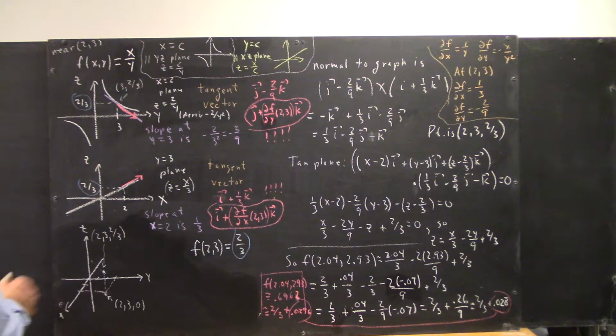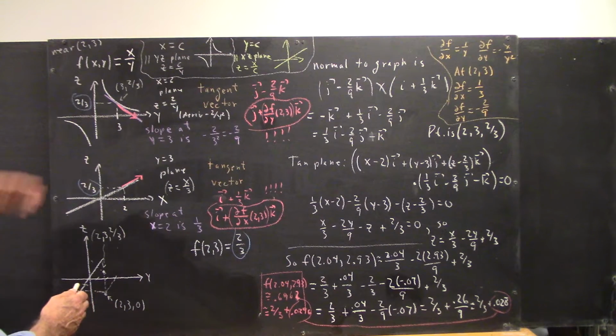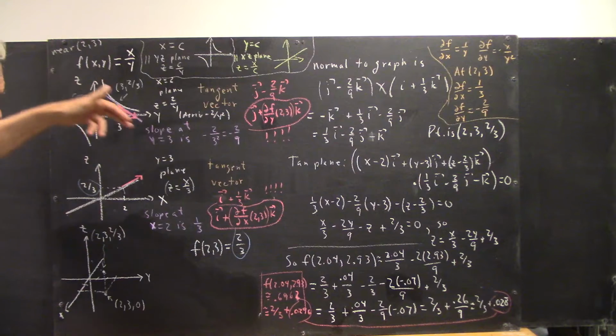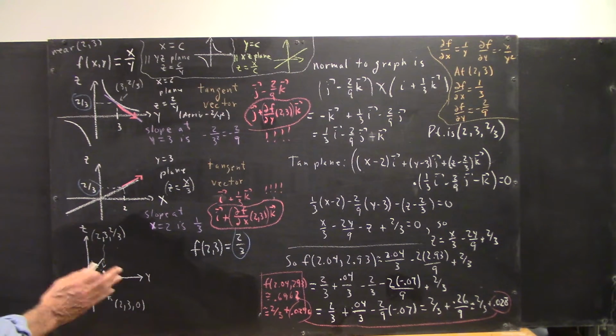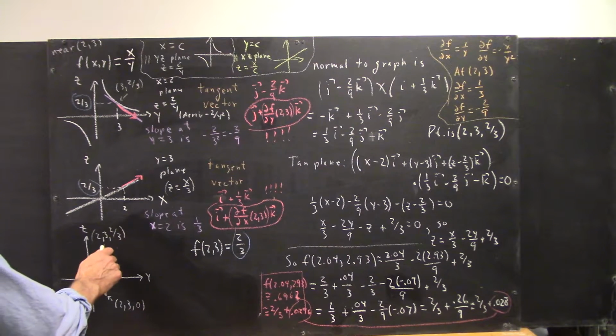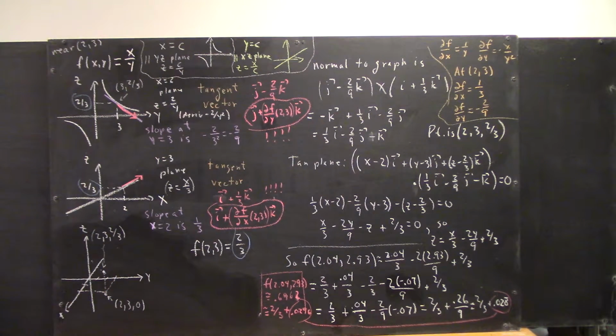Now I don't really need the part of this particular plane parallel to the yz plane that lies to the left of this point. So unlike what I did in class, I'm simply going to sketch this, and I think I'm going to use two different colors, neither of them white.